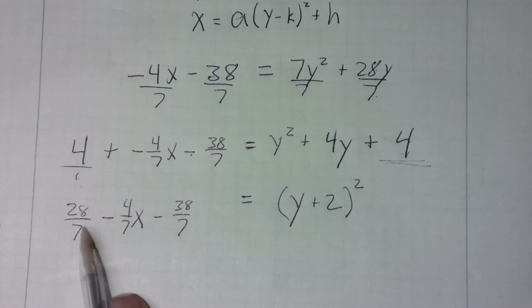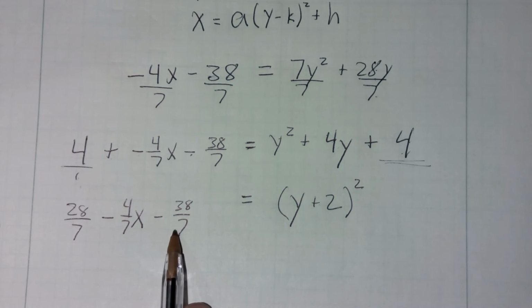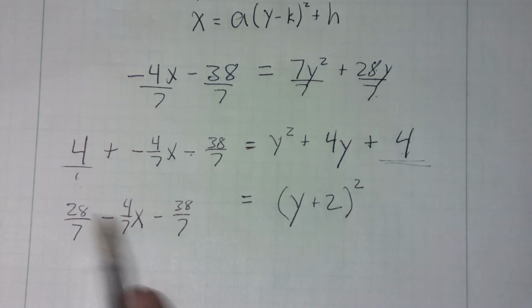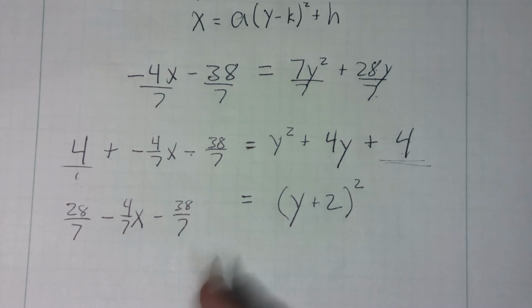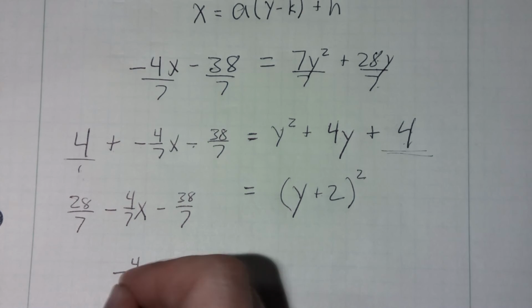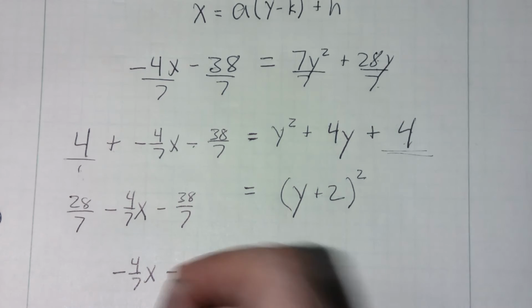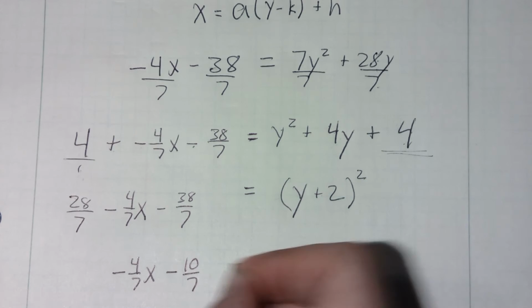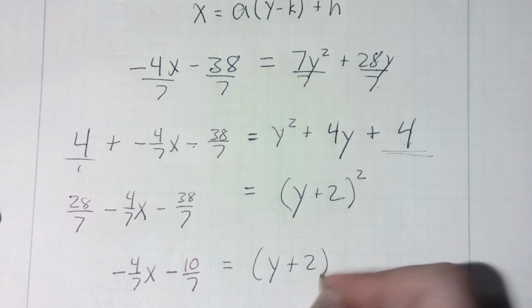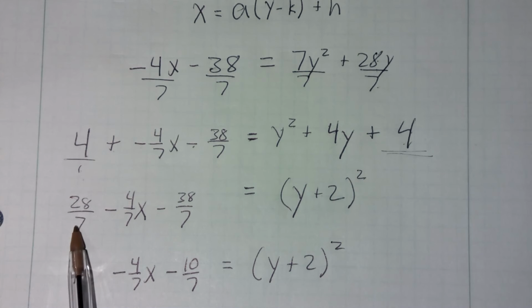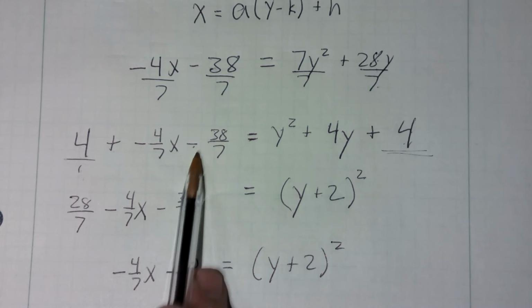Now I can combine these two fractions because they have a common denominator. 28 minus 38 will be negative 10. So I'm left with negative 4/7 x minus 10/7 equals, in parentheses, y plus 2 squared. So I just added those two non-variable terms together, the 4 and the negative 38/7.